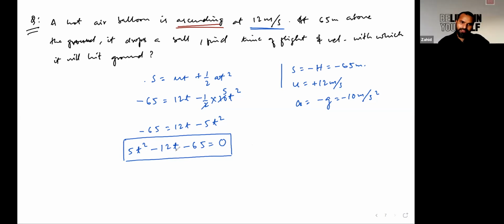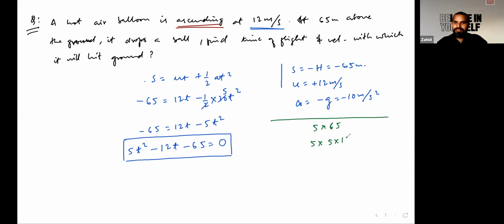So how to split this particular middle part? There are some rules. Just multiply this coefficient with the constant part, so it will be 5 times 65. Take the factors of this term.